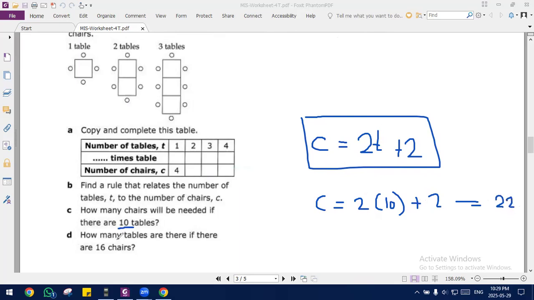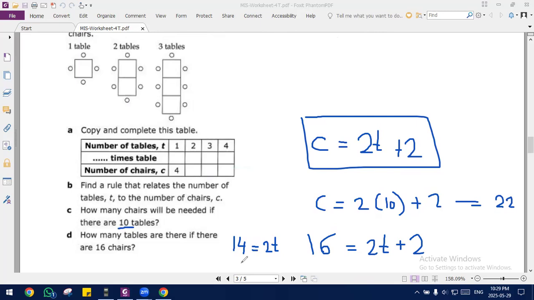Now, how many tables are there if there are 16 chairs? So here they change it. Let's solve it as an equation. Instead of c, I will write 16 equal to 2t plus 2. Now take 2 to the other side, it will be 14. So I have 14 is equal to 2t.